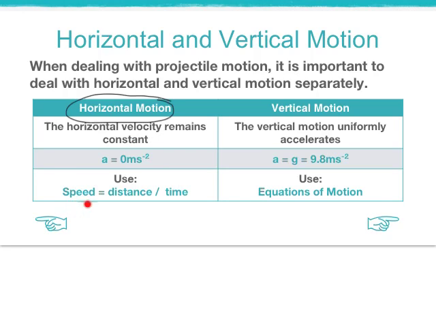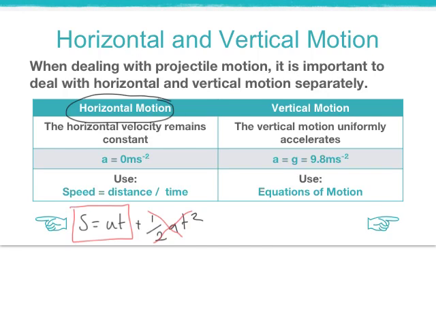We can go back to using speed equals distance over time, because if we look back to this equation of motion, then we can see that with no acceleration, we can disregard this side of the equation, and we're left with the old speed equals distance over time.